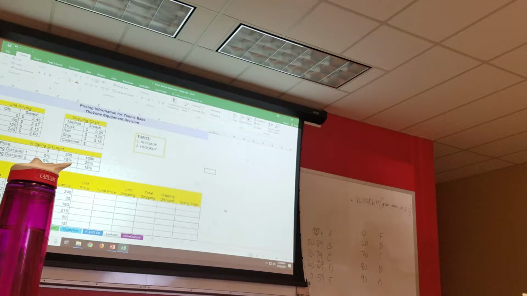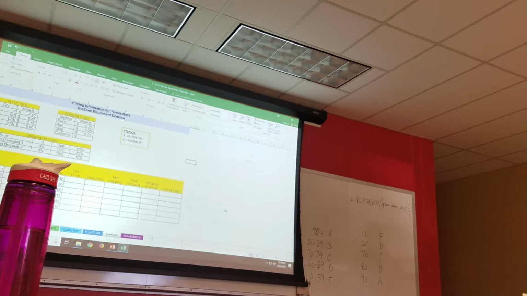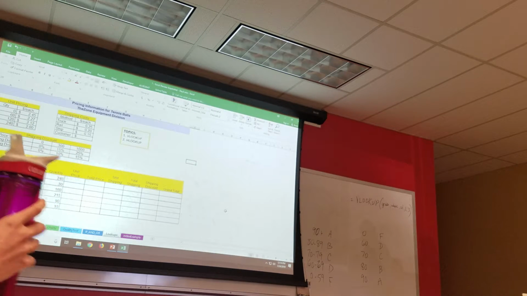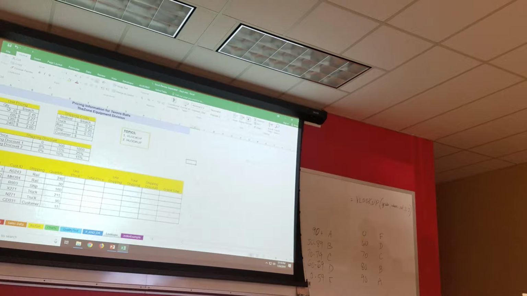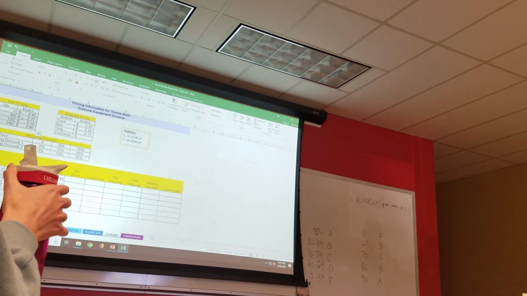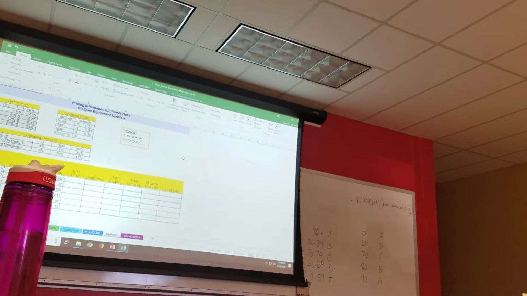Alright, so we've got an example here. I want to show you that I have named some ranges in here already that will make our life a little bit simpler. One of the ranges that I named was this table right here, and I called it unit pricing. Notice I've just got the data in it, and it looks a lot like what I was telling you to set up for a VLOOKUP, because that's what it was set up for.